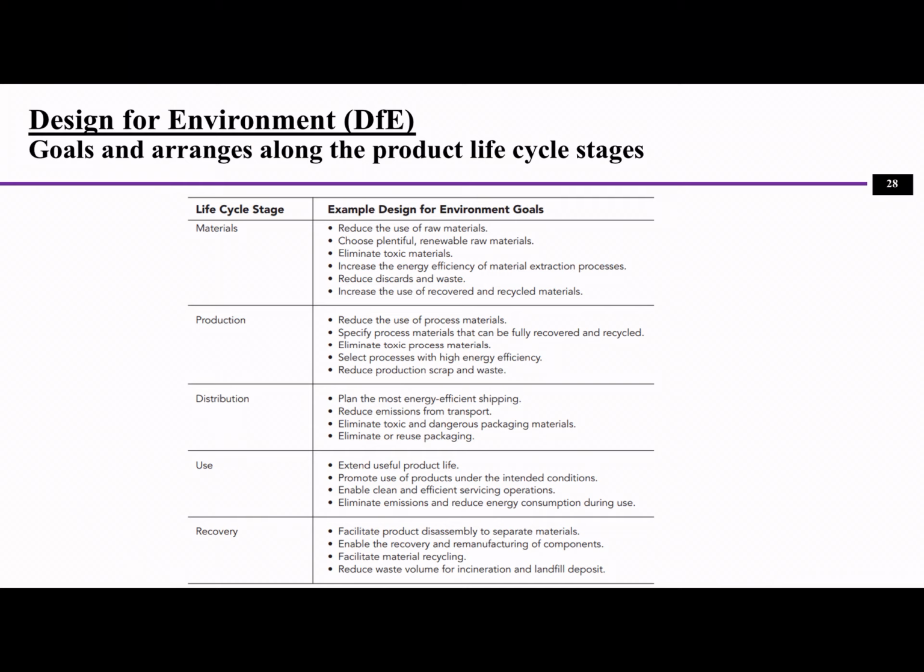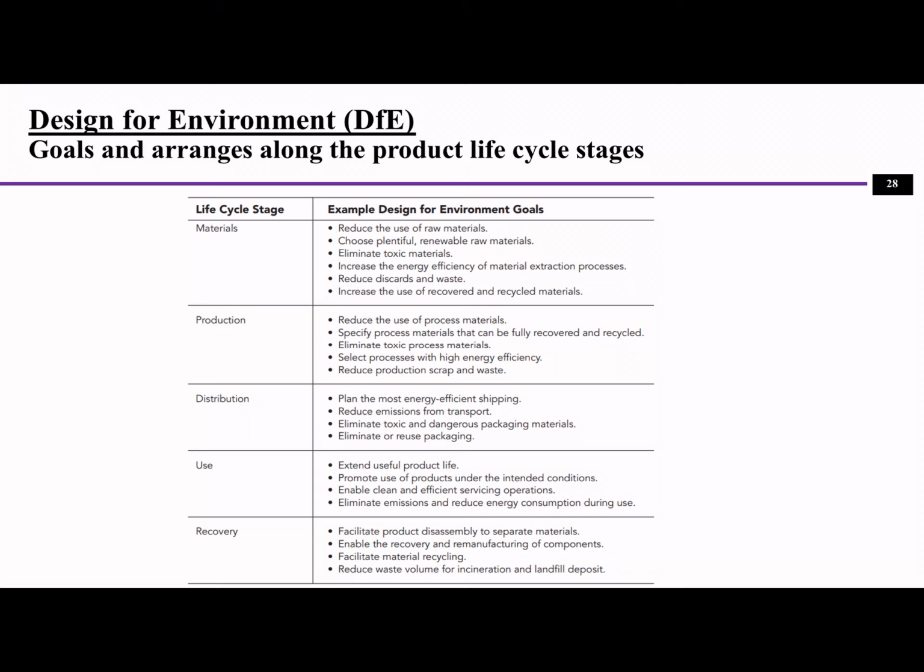And also choose plentiful renewable raw materials instead of material that cannot be recycled, right? Eliminate toxic materials, increase the energy efficiency of material extraction processes, reduce discards and waste, and also increase the use of recovered and recycled materials, right? So that's all at the materials part.